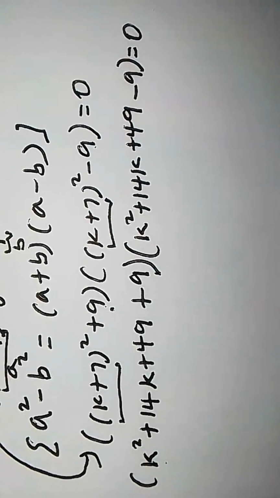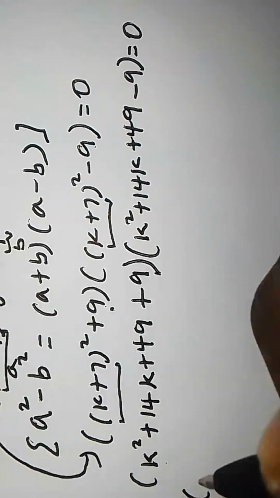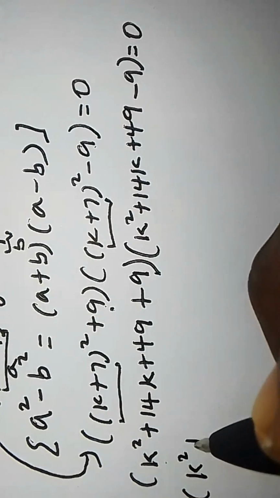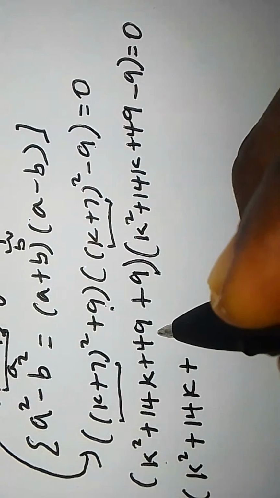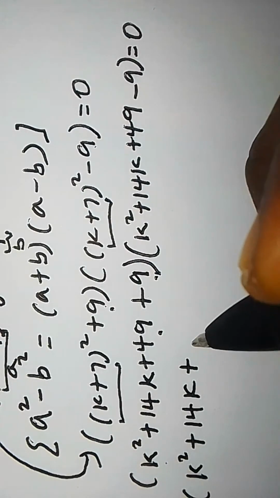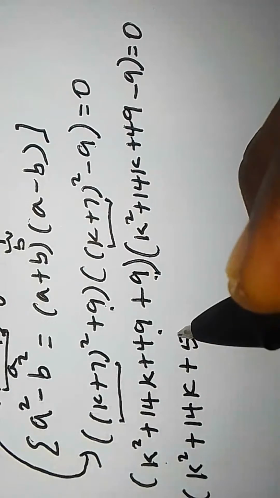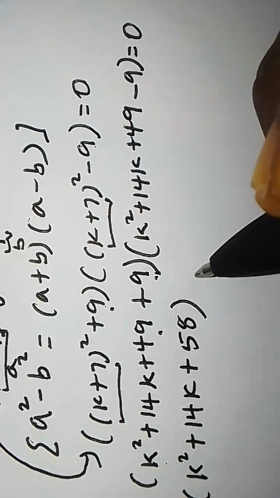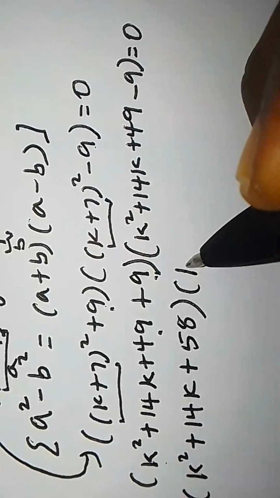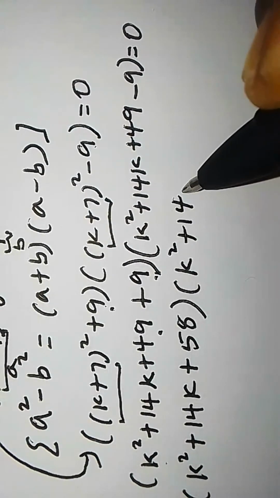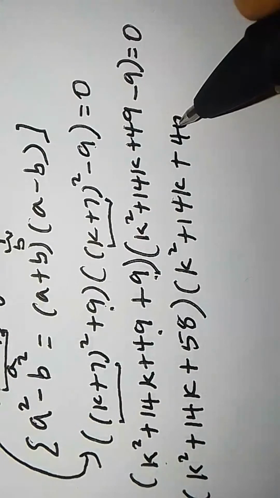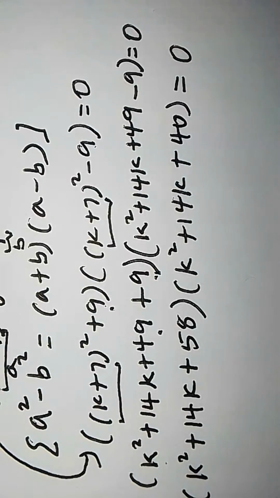Let's proceed further. So k squared plus 14k plus 49 plus 9, that is 58. Close the bracket, times k squared plus 14k, so we have plus 40, equal to 0.